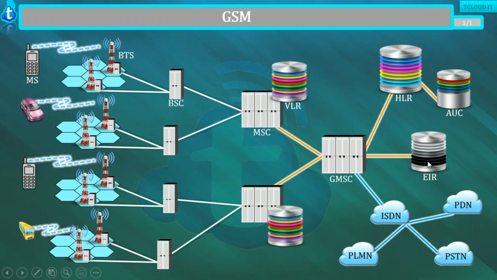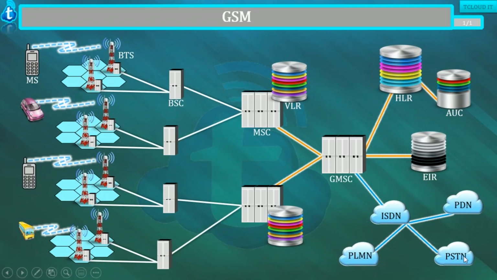So these are all different databases to store different details, to check and verify everything that the mobile is doing from every aspect. And then the GMSC leads our calls into the external network called ISDN, where the calls will be distributed to the sub networks depending on who you are making the call to, or vice versa.